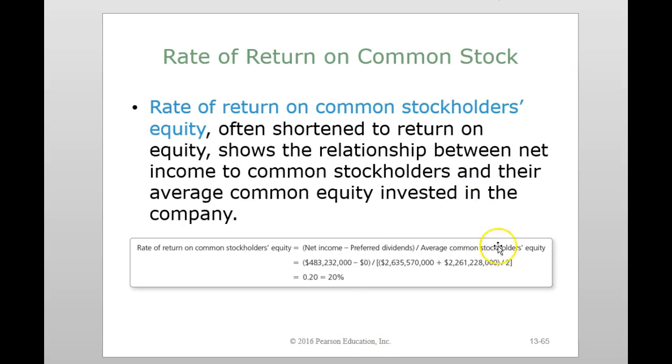So again, you take the beginning and the ending equity and divide by 2 to get the average, and then divide that into your net income to come up with a return on stockholders' equity of 20%. Again, is that good or bad? Well, 20% looks wonderful, but how is the rest of the industry doing? Are we at the benchmark? That's how you would compare it.